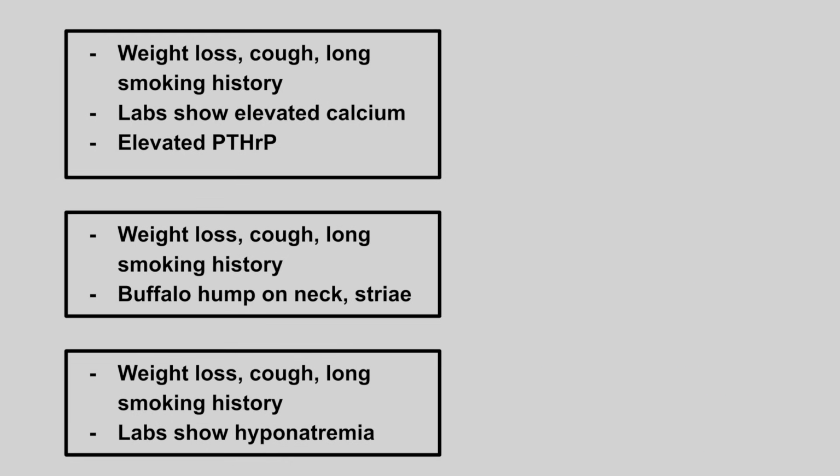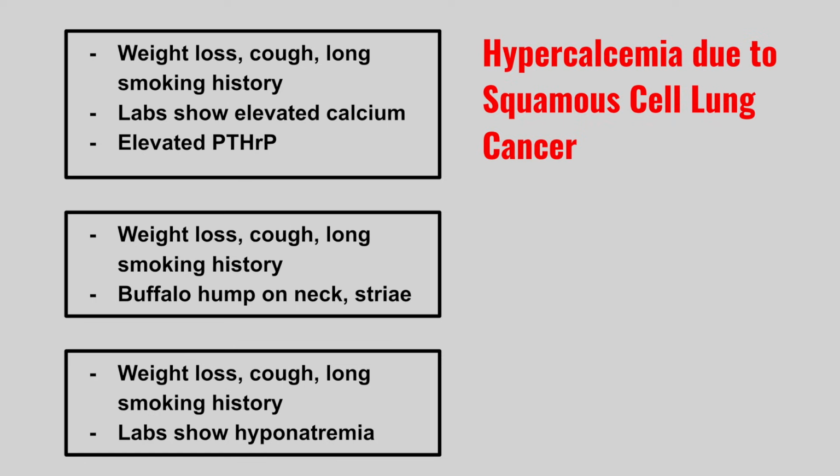Next, we have weight loss, cough, long smoking history. Labs show elevated calcium and an elevated PTHrP. This is hypercalcemia due to squamous cell lung cancer. Next, we have weight loss, cough, long smoking history in a patient who has a buffalo hump on the neck and striae on the abdomen.